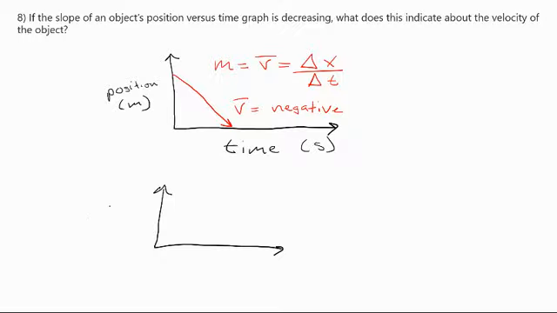Same scenario, here we have, this is our position. This is our time. In reality, we'll have some stuff that looks like this. You'll have something that looks like this.